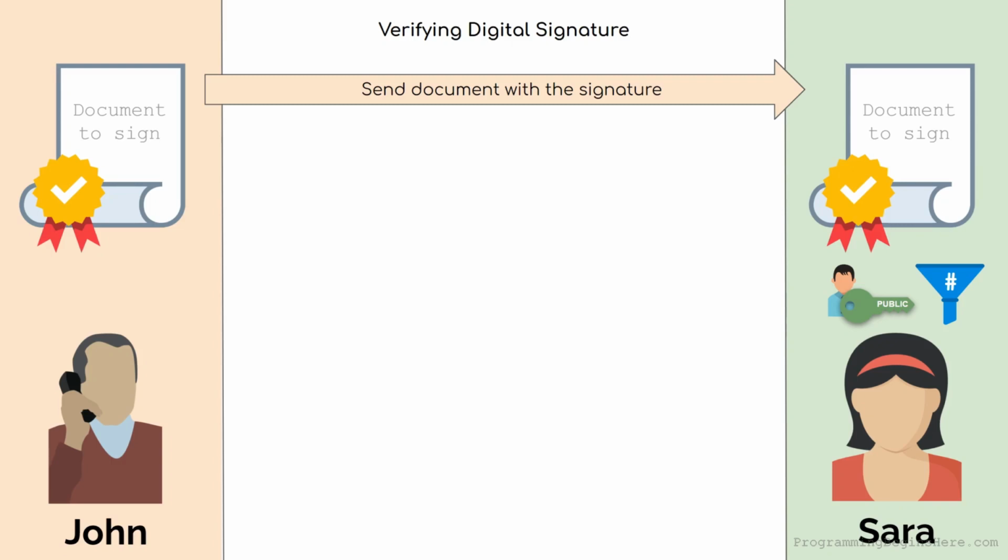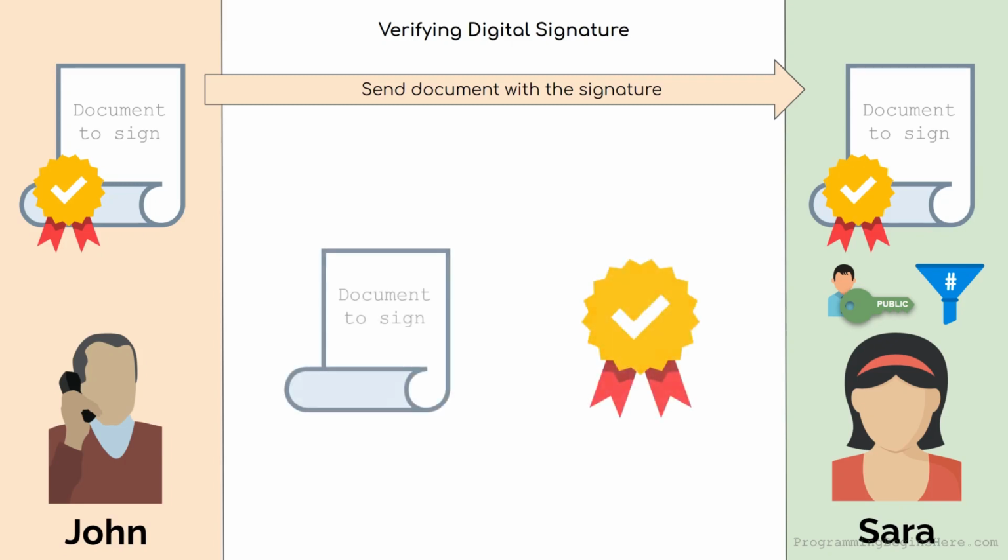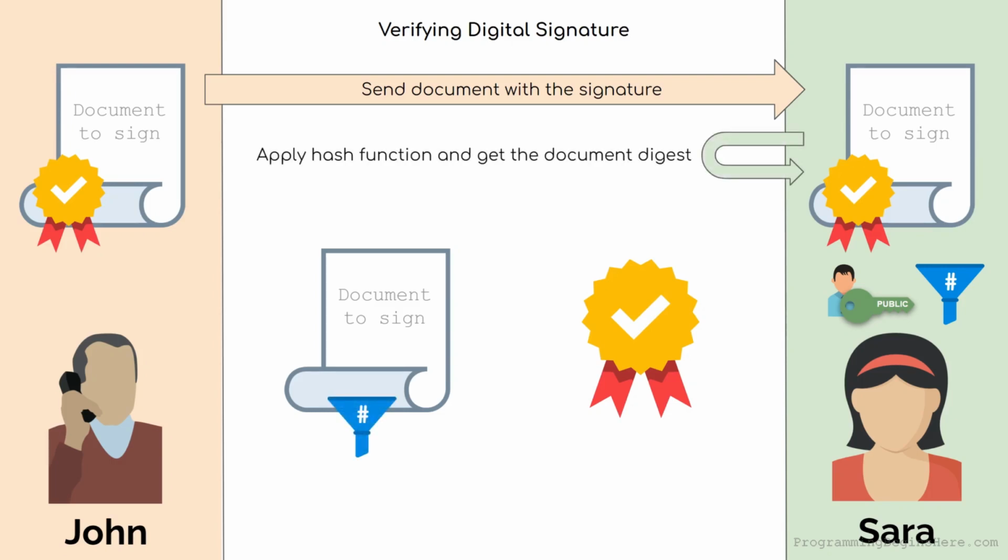So, first, Sarah needs to separate the document and the signature from each other. Second, she needs to apply the hash function to the document without signature, similarly how Bob did when he was signing the document. If it is the same document as Bob signed, she will get the very same document digest as he did. On the next step, Sarah needs to focus on the signature. Remember that it is essentially the document digest which Bob encrypted with his private key when he was signing the document.